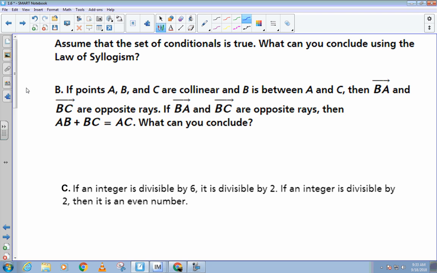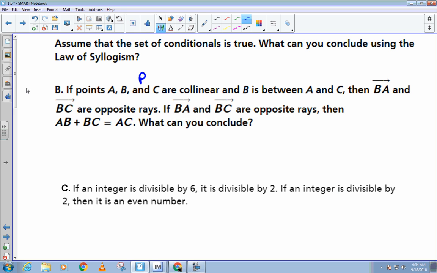If points A, B, and C are collinear, and B is between A and C, then ray BA and BC are opposite rays. If ray BA and BC are opposite rays, then AB plus BC equals AC. What can you conclude? If points A, B, and C are collinear, and B is between A and C, then AB plus BC equals AC.